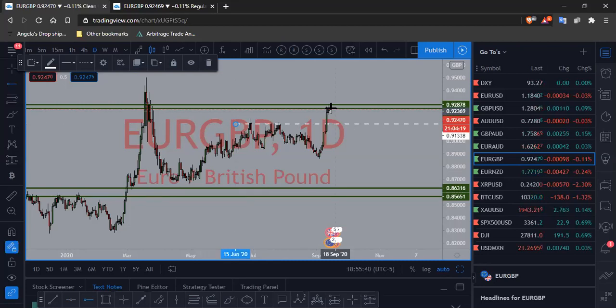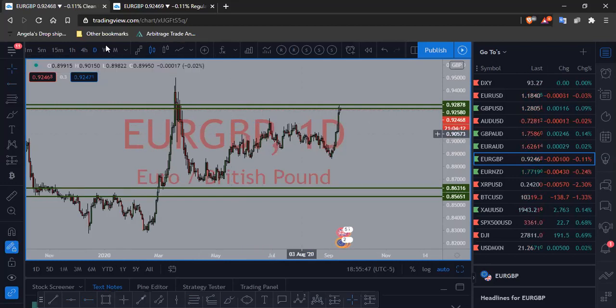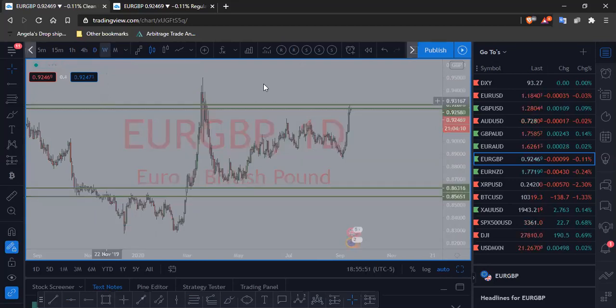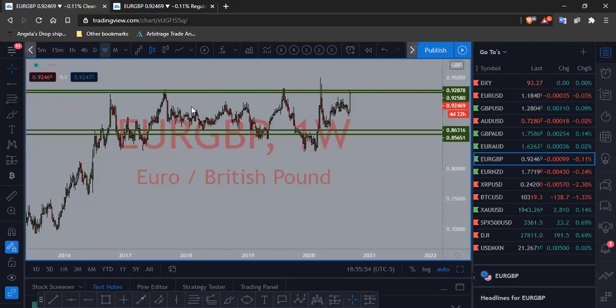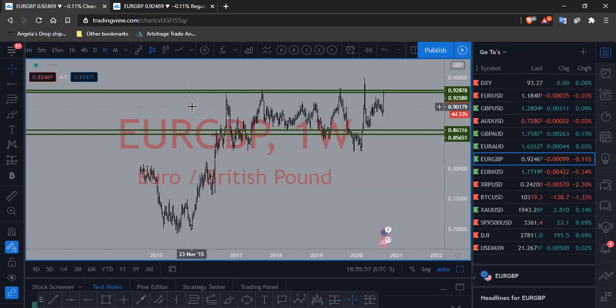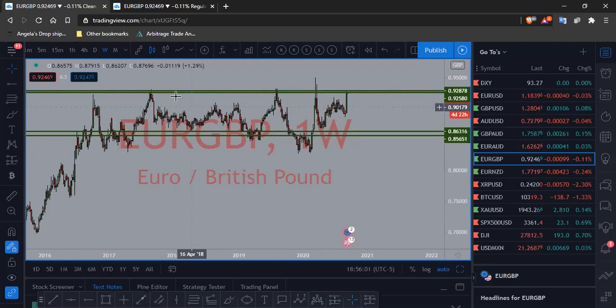So I would love to actually see, because I don't even necessarily know if this is going to continue going bullish. Let me look at the weekly real quick. Yeah, this might actually be a very, very good place to be interested in looking to sell EG, a very interesting place.